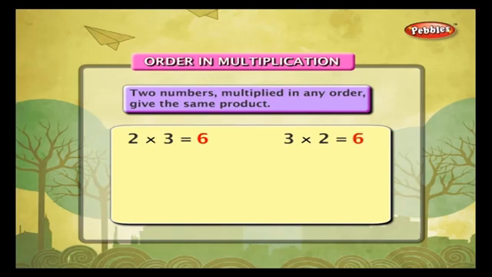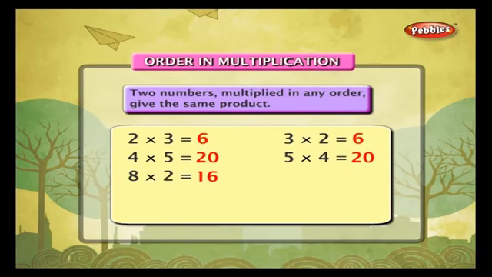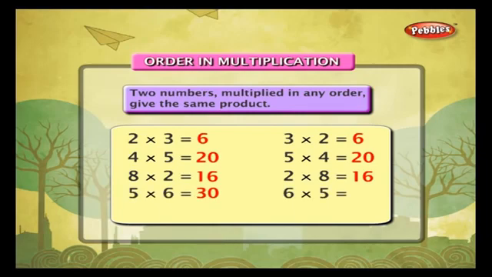In the same way, 4 into 5 is equal to 20 and 5 into 4 is also equal to 20. 8 into 2 is equal to 16. 2 into 8 is also equal to 16. 5 into 6 is equal to 30. 6 into 5 is also equal to 30. 3 into 7 is equal to 21. 7 into 3 is also equal to 21.